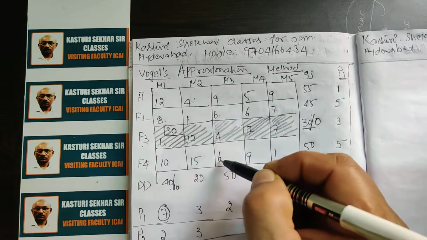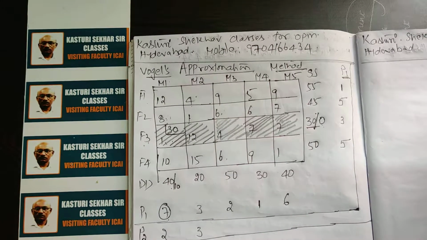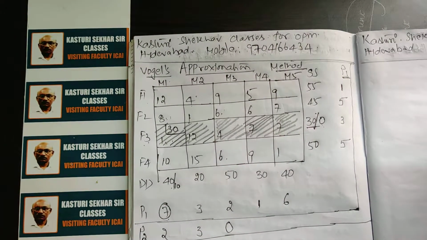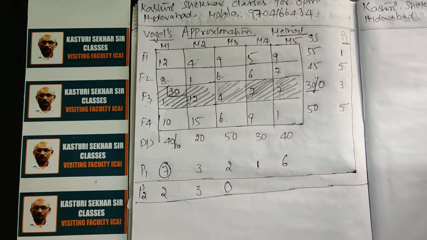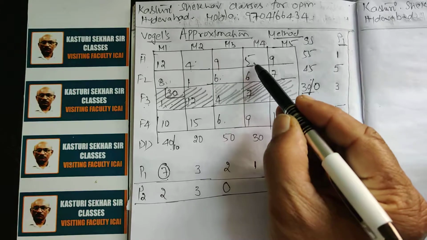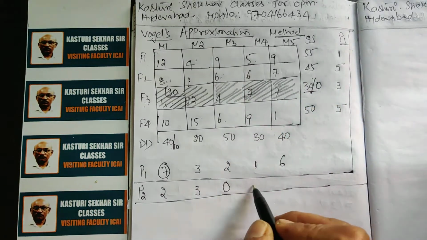Lowest cost 6 is repeated at 2 places. So difference of them is taken as 0. Here fourth column, lowest value is 5, second lowest value is 6. 5 and 6 difference is 1.